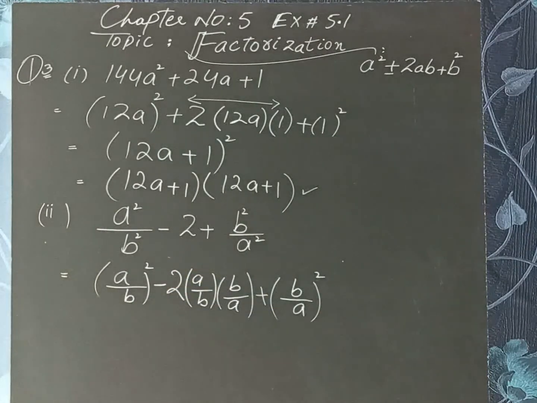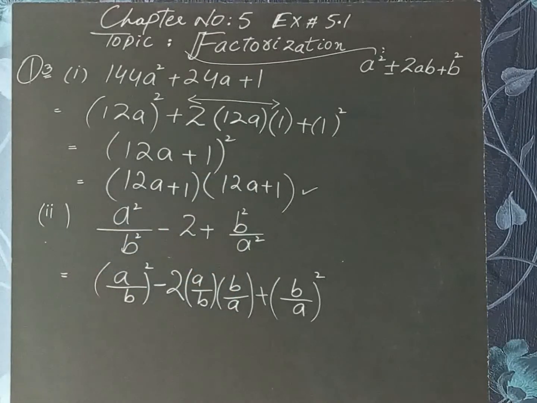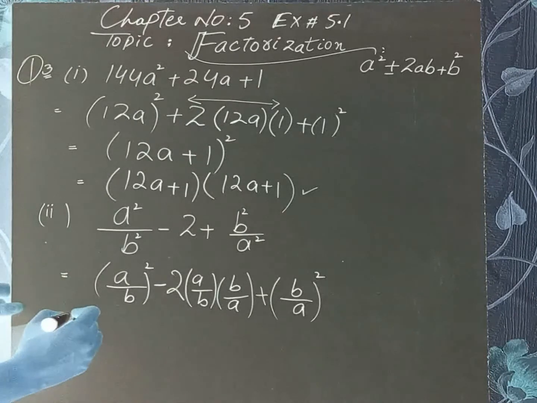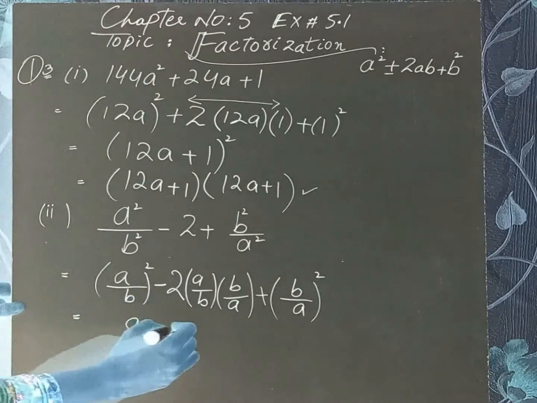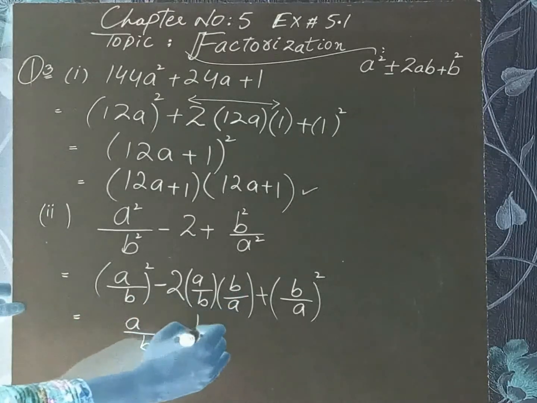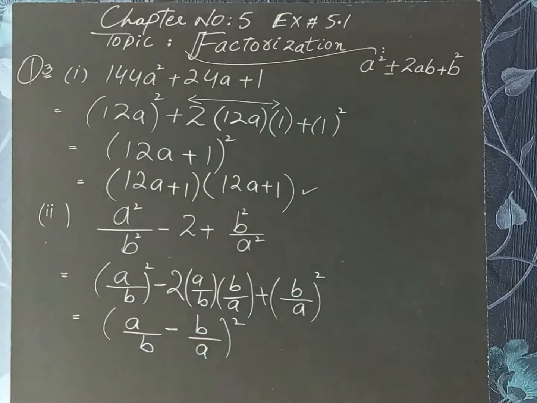Now this is the formula of a squared minus 2ab plus b squared. Again we will close this formula as (a minus b) whole squared. So I can write this: a is a over b, minus b is b over a, whole squared. We can write this in this form as well, and we can also write this 2 times.